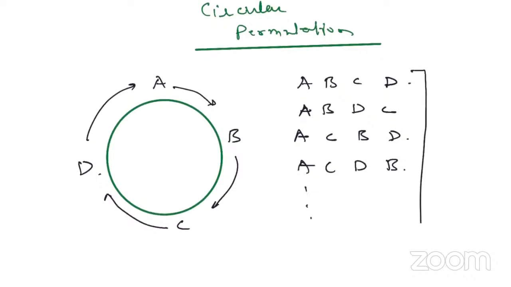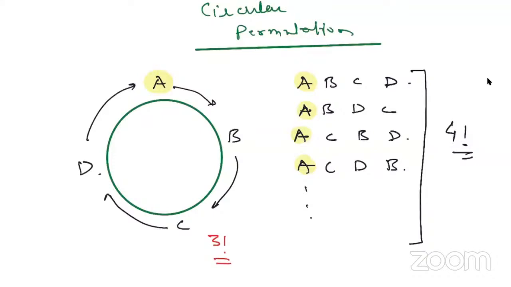So we know that four people can arrange themselves in factorial 4 ways. But in this case, if we are saying that A is fixed at the first place, then B, C, D can arrange in factorial 3 ways.